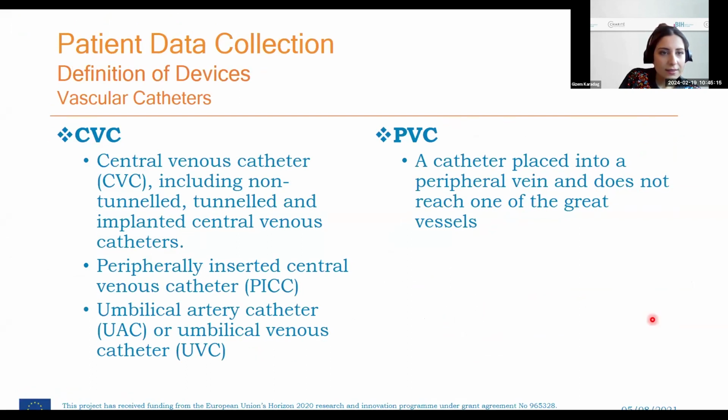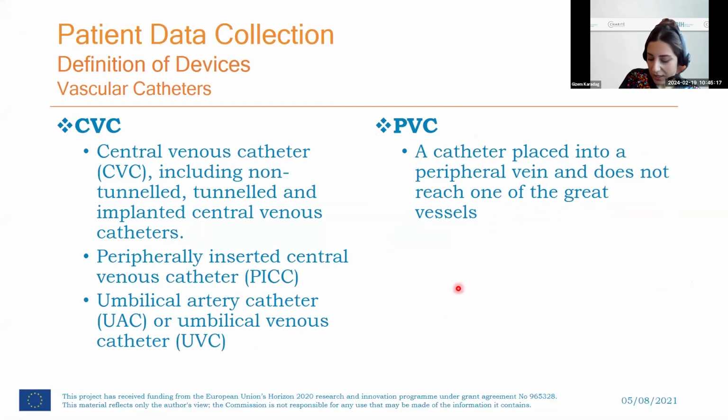In this slide, I would like to talk about the devices we have in our data set. As I said, we collect data on device-associated infections, so it's important to know the definitions of the devices we have. We have 2 types of vascular catheters, which are central venous catheter and peripheral venous catheter.